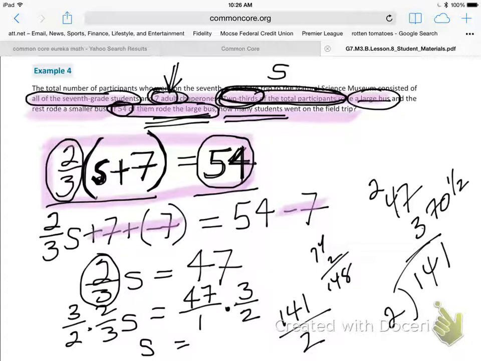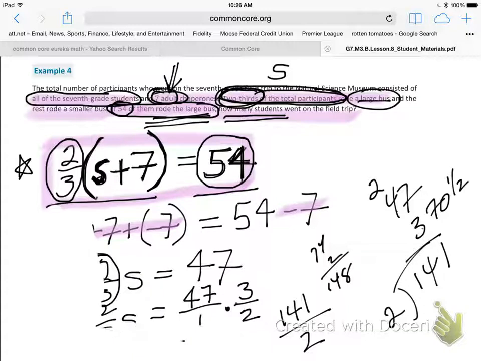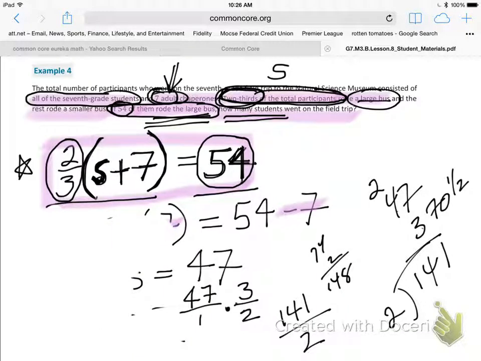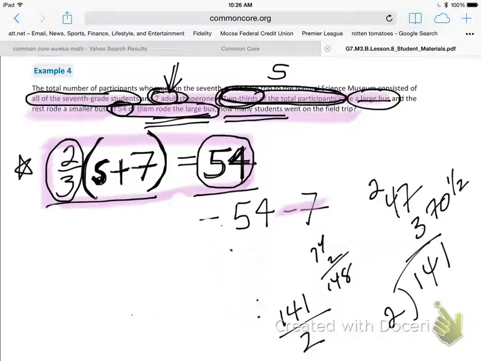While my original equation here is correct, it seems that a problem like this doesn't lend itself to subtracting first, because you notice that I was taking away the 7 first to make the 0, but what I was coming up with is S equals 141 over 2, and that would give me 70.5 students.